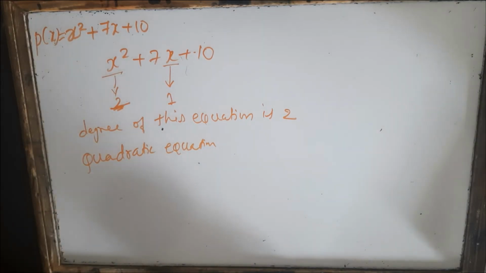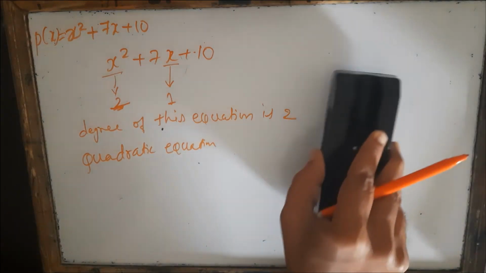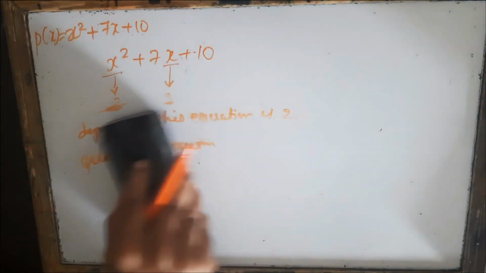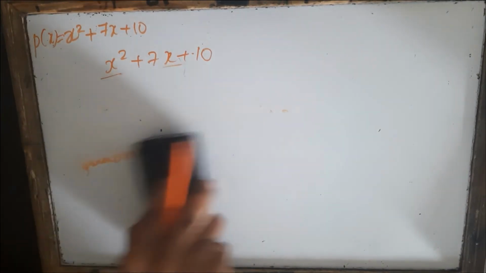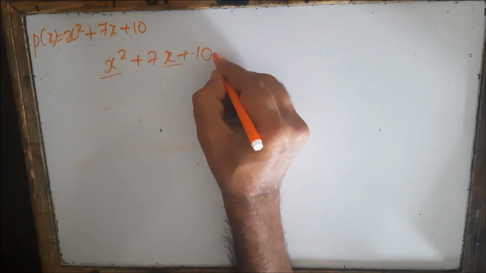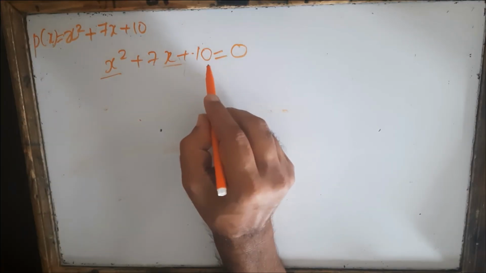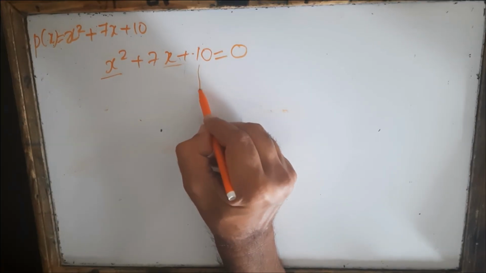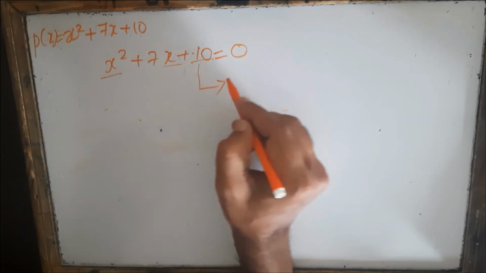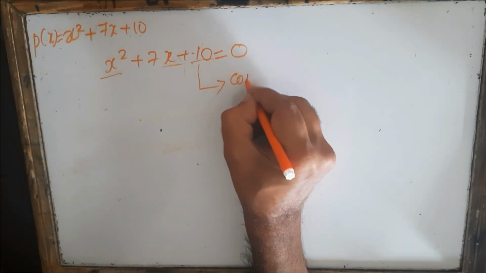Now we try to find the zeros of this equation. So how to find the zeros of this equation? Let's find out. We make this equal to 0. We try to understand some parameters here. This 10 is a constant term.